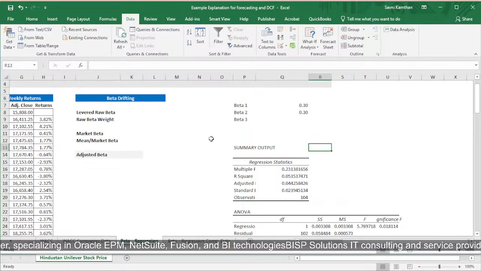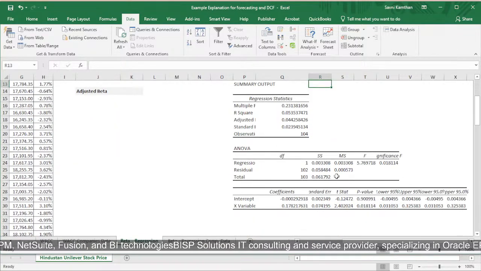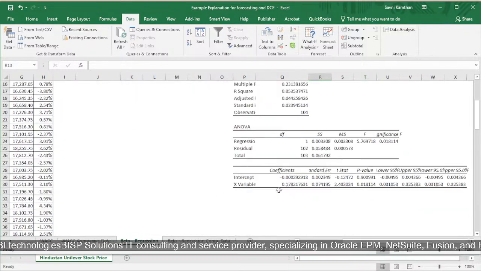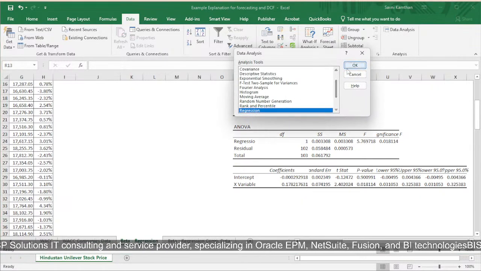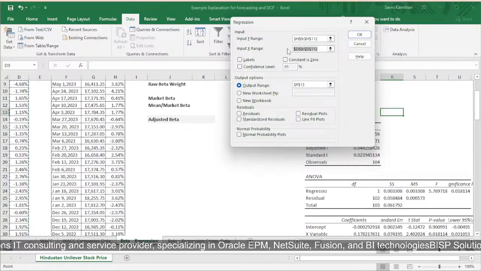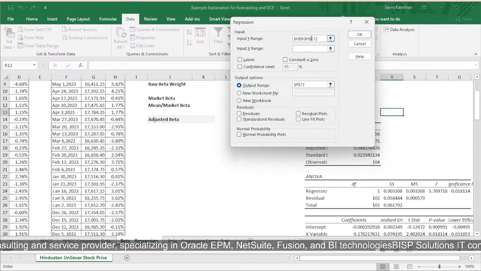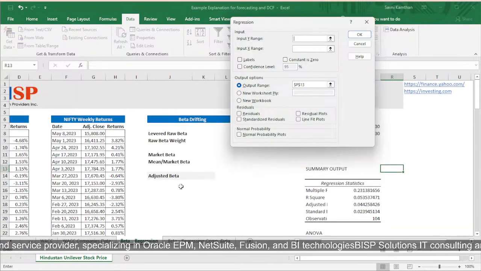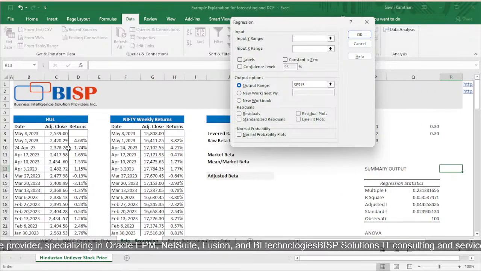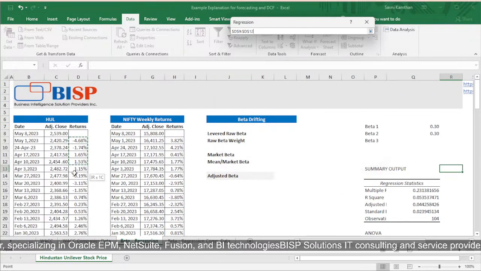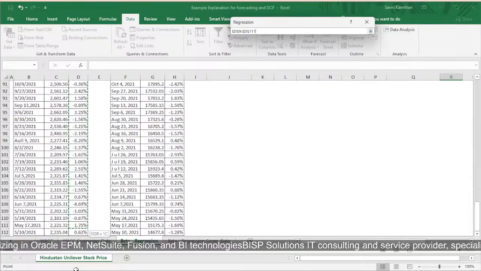Then if we want to take our beta from here, again doing that, we have done a small mistake over here, again calculating it as returns.